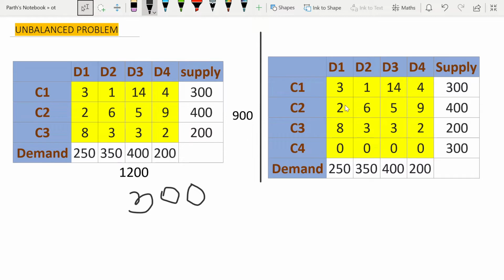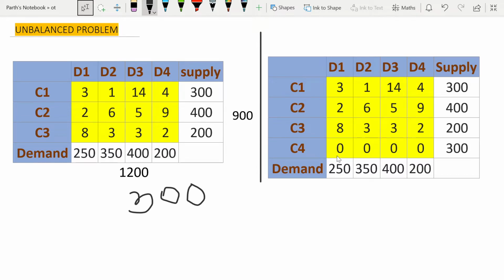Here you can see that this is a balanced problem. The company 4 is dummy row, so we'll introduce a company 4 and we'll allocate 300 units supply. As 300 units are less, we'll give 300 allocation to company 4.